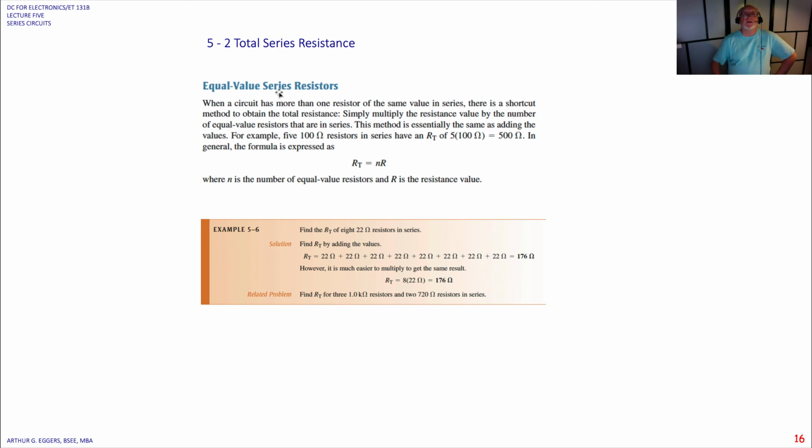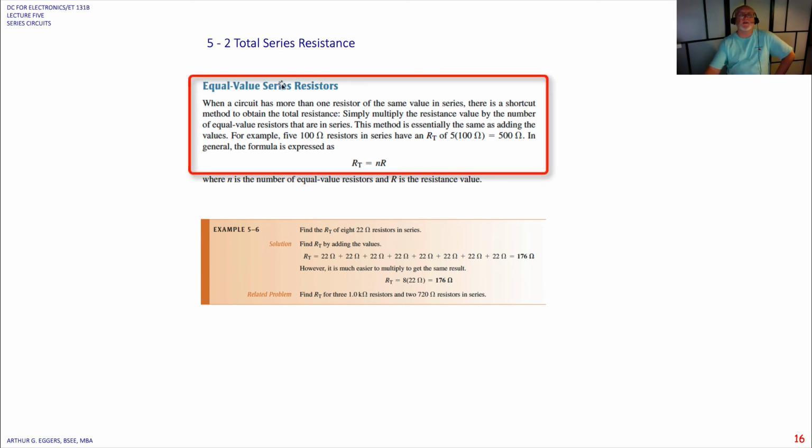Equal value series resistors. What if I had a set of resistors and they all had the same value? Let's read what this says. When a circuit has more than one resistor of the same value in series, there is a shortcut method to obtain the total resistance. Simply multiply the resistance value by the number of equal value resistors in the series. This method is essentially the same as adding the values together.